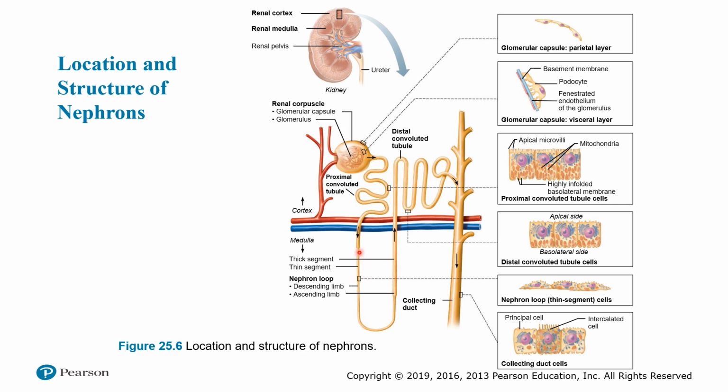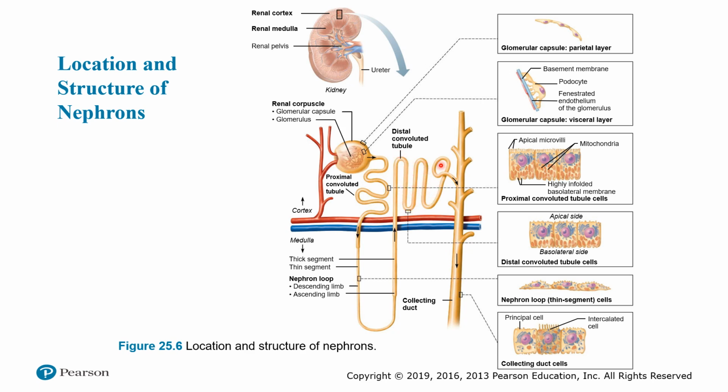The thin descending and ascending limbs of the loop of Henle are lined by thin squamous cells. You can see over here in this box. The thick ascending limb has cuboidal and columnar cells, and it goes up and changes into the distal convoluted tubule.